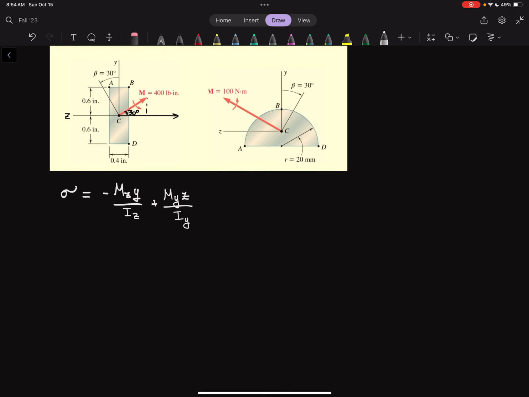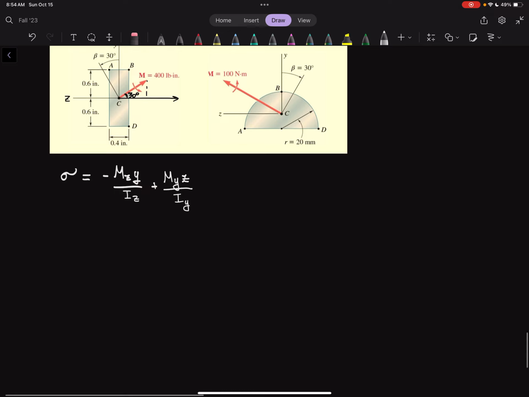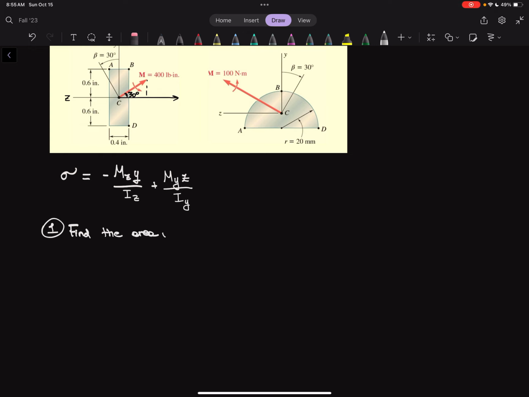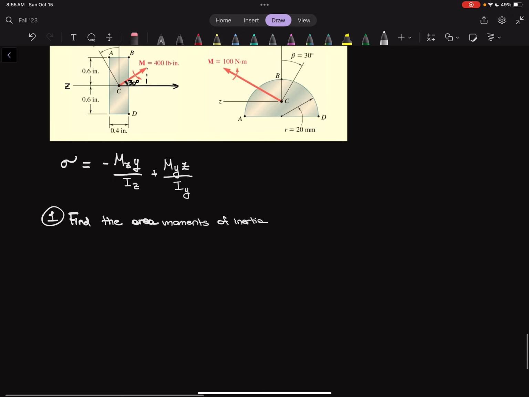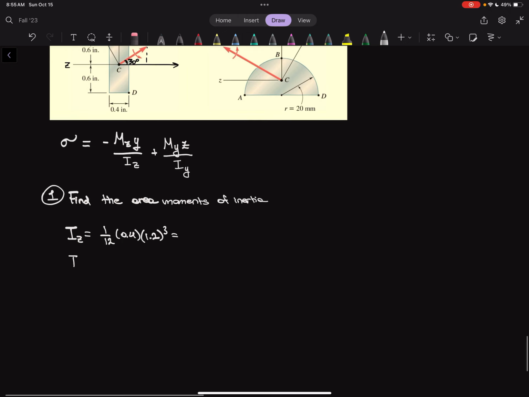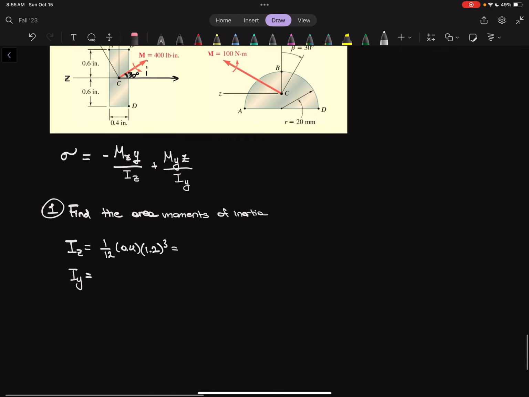So what do we need in order to apply this formula? Well, we need a couple things. First, we need Iz and Iy. So first, find the area moments of inertia. So we have the cross-section here. About the z-axis, we're going to have 1 over 12, and our base is going to be 0.4, and our height is going to be 1.2. And about the y-axis, they're going to be swapped.